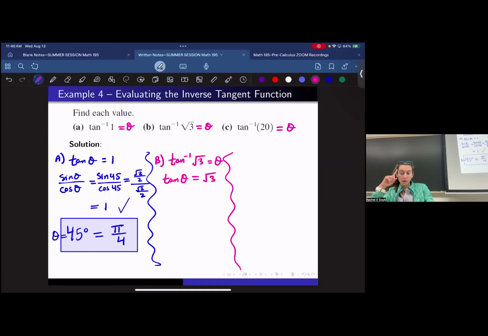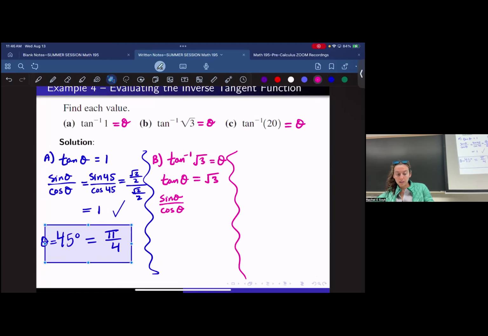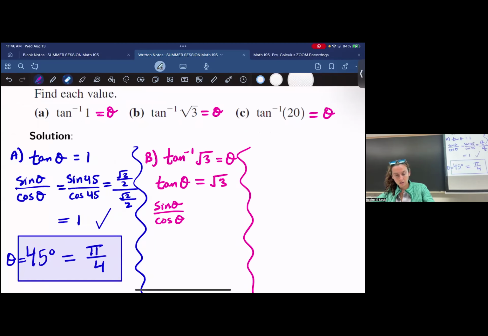And so think of, well, sine of what angle gives me square root of 3 over 2? Because tan is sine over cosine, and those denominators will cancel out when the denominators are the same. So square root of 3 over 2, that's when sine is 60.